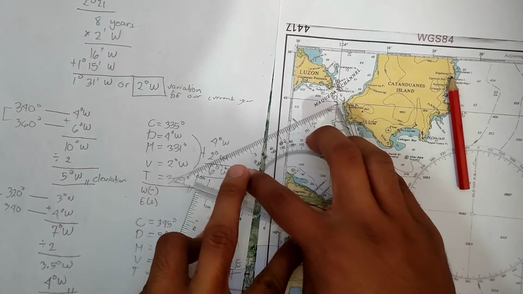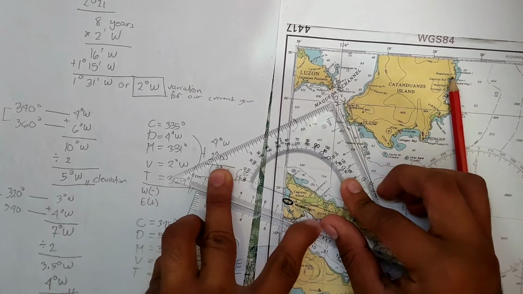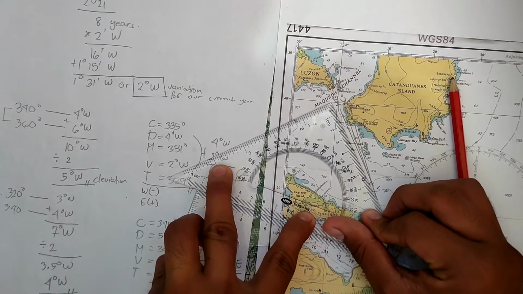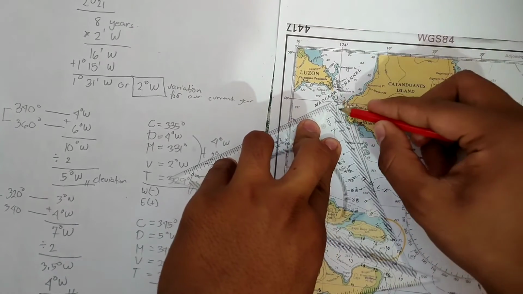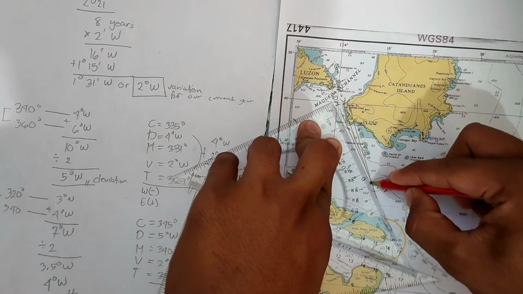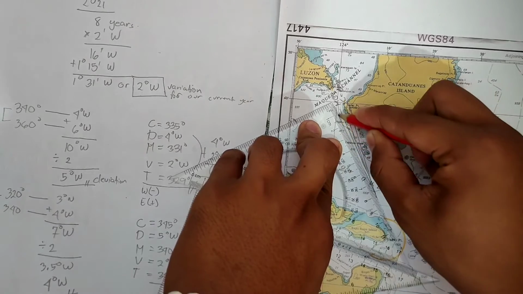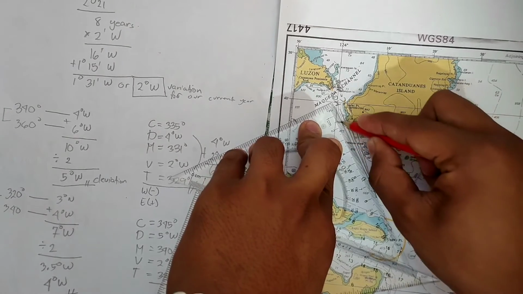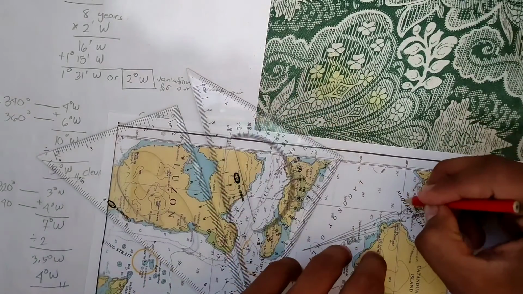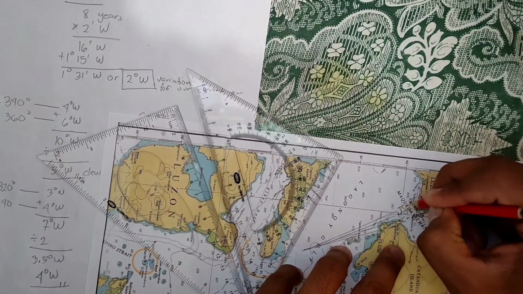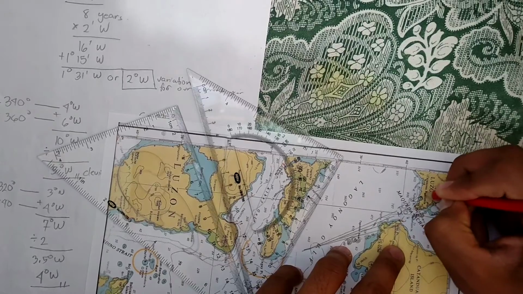So here, that's our line, and we will label it for our true course for 329 degrees.